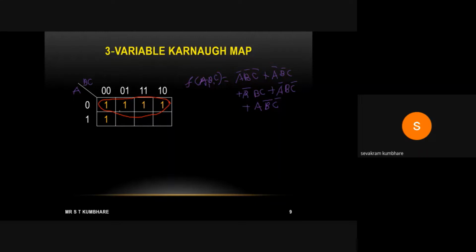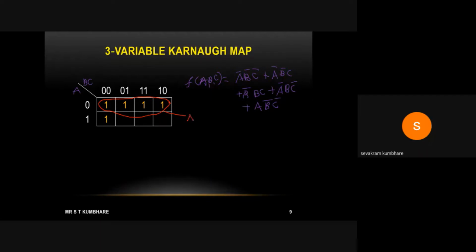Now if I can club these 4 cells, I have to look for the non-varying variable. In this grouping, A is remaining common, that is 0. A is 0, right? Is A changing or not? A is not changing, right? In this group, A is not changing.